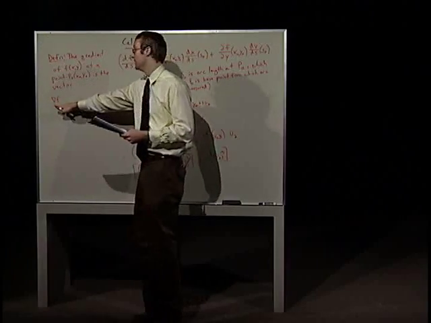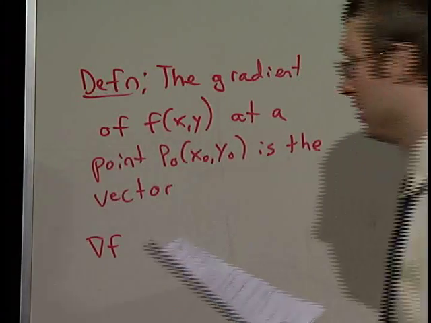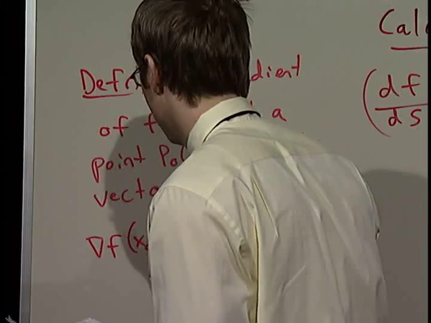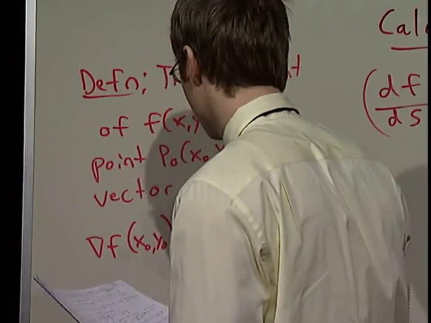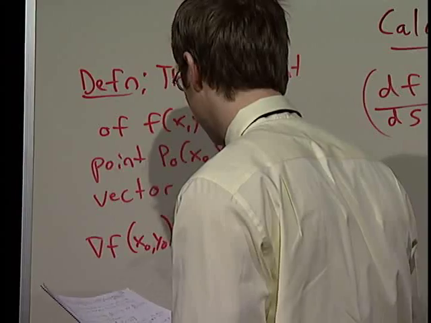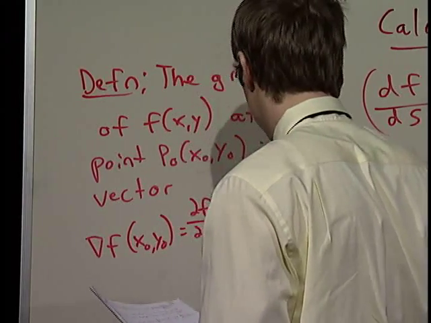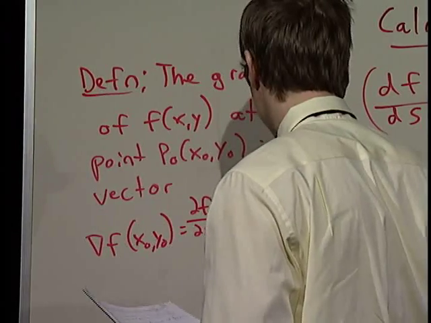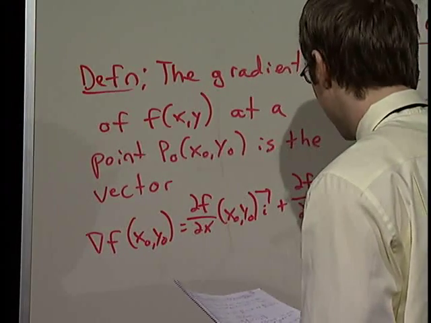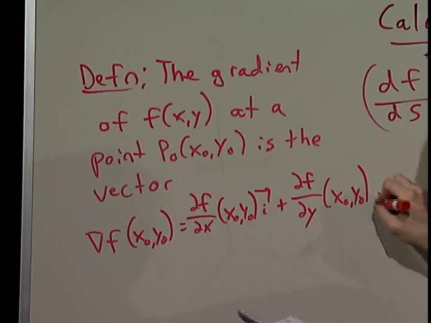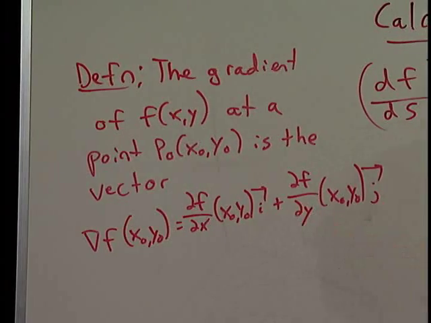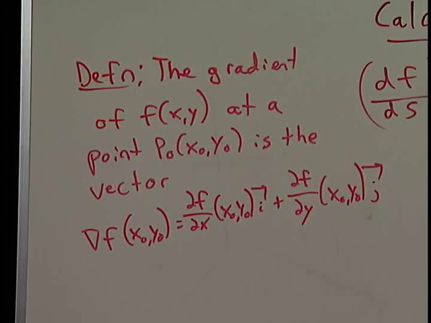That's a del, so this upside down triangle is a del. Del f at (x naught, y naught) is partial f partial x at (x naught, y naught) i plus partial f partial y at (x naught, y naught) j. So this vector here is the gradient.